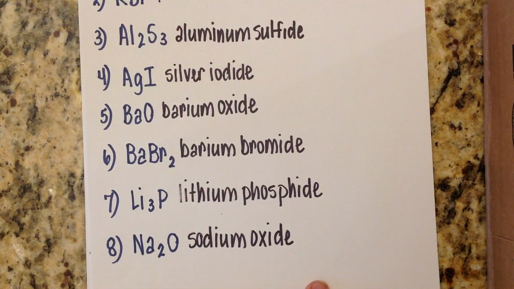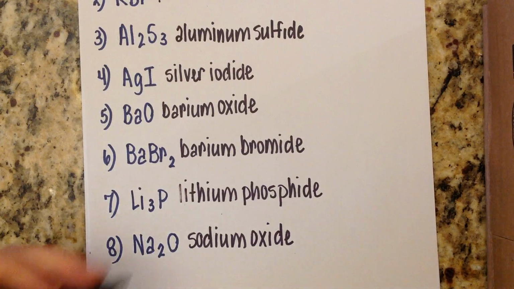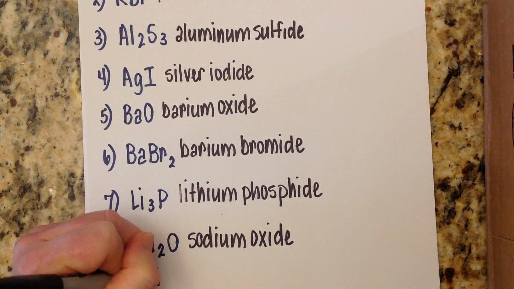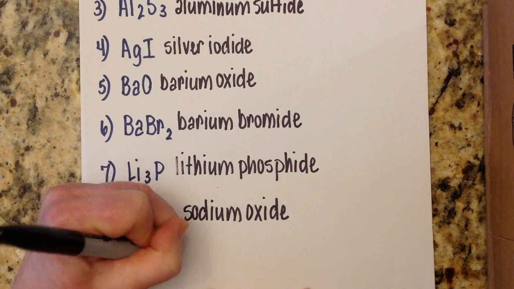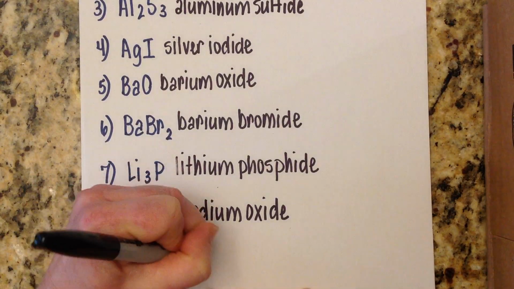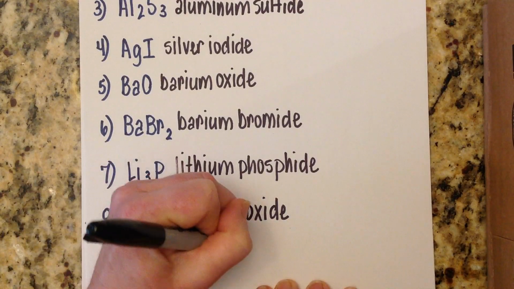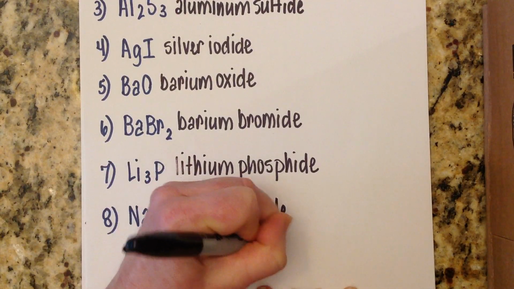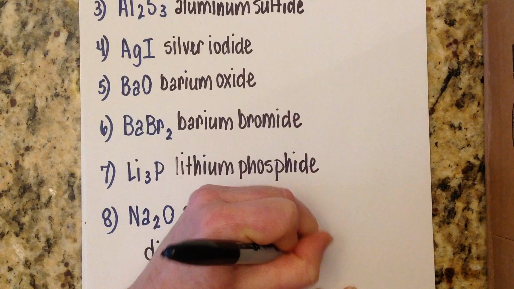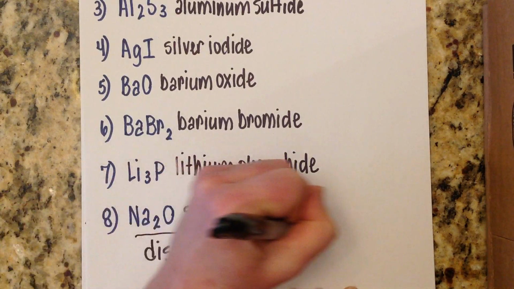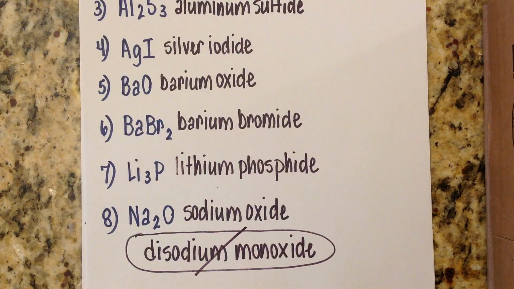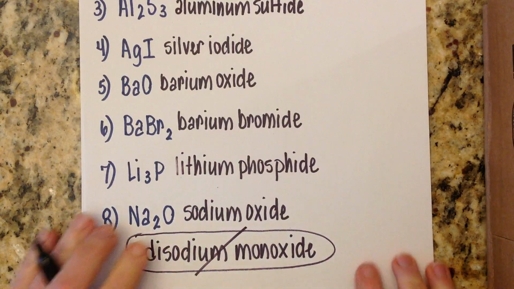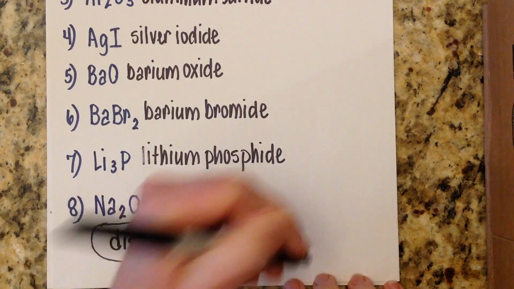If you've got a little space down here, I think it would be a good idea to write down the no-no, so we know it would not be disodium monoxide. This is just wrong, and it's wrong because we do not use prefixes in ionics.